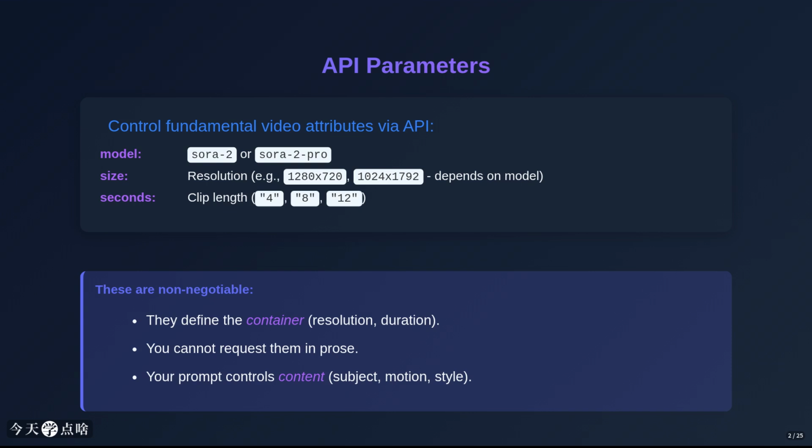These parameters, model, size, and seconds, are the container for your video. They define the canvas. Your actual prompt, the text you write, controls everything else: the subject, the motion, the lighting, the style, the story. Get these basics right in the API call, and then we can focus on crafting the magic in your prompt.